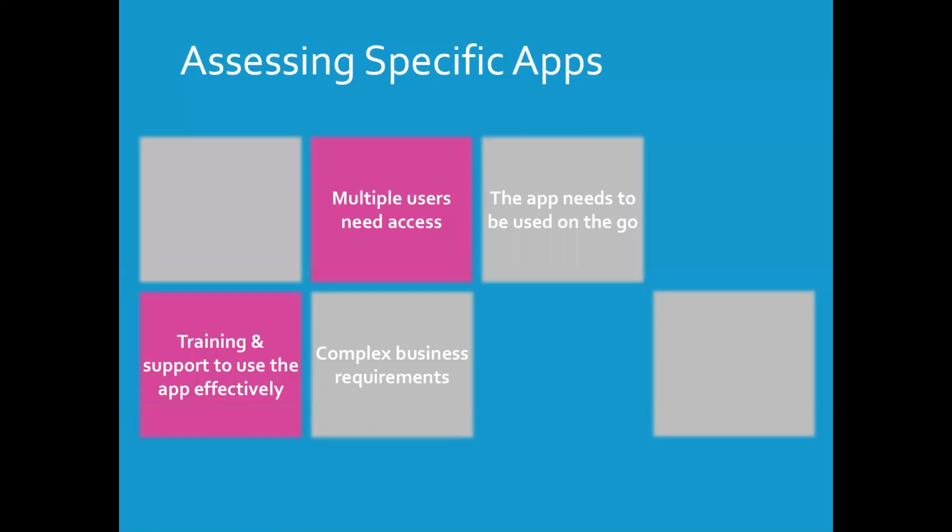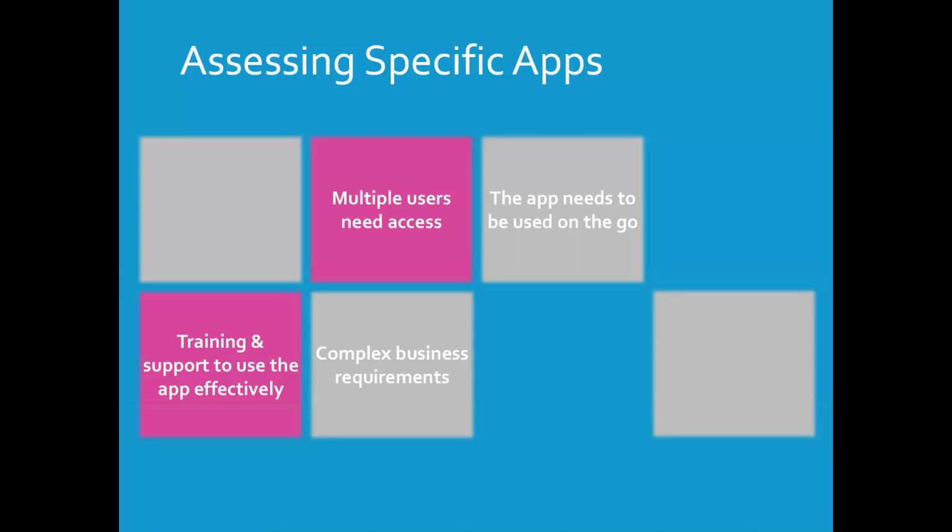A very common need is to have a mobile app that can be used on the go. So of course, what we're looking for is, is there a mobile or tablet app available for the software we're looking at? What functionality is available in the mobile app? For example, some functionality is different.